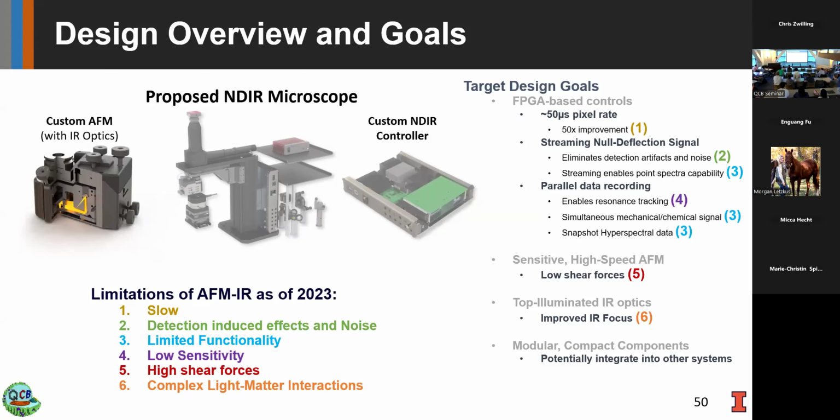The second major feature is obviously the AFM. It's designed to have about 10x higher bandwidth than the original AFM system that we're using, and higher illumination that can be accessed directly above an ATEC probe, which is an extended probe. This will give us a much tighter focus and potentially higher intensity at the tip.